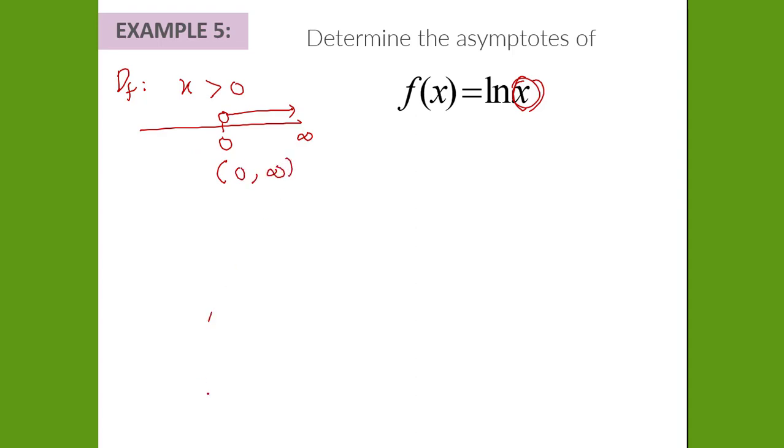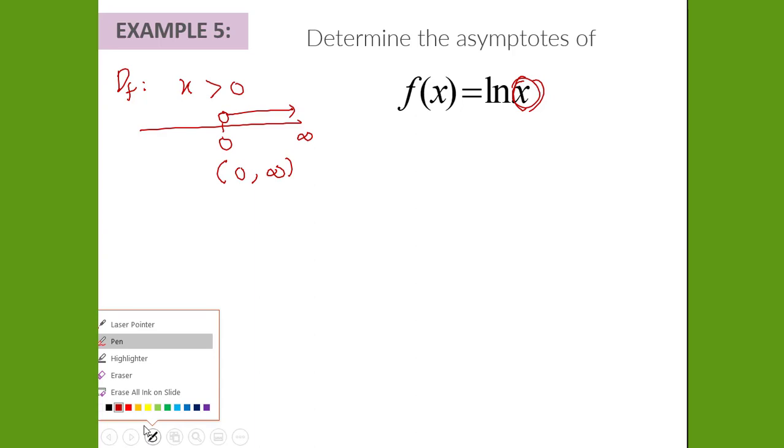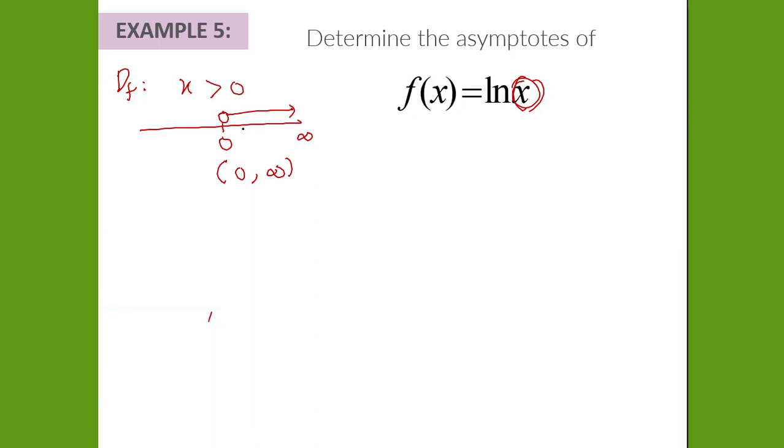Now you need to find the limit. Limit at 0 from the right may refer to a vertical asymptote, and infinity refers to a horizontal asymptote. Check whether x equals 0 is a vertical asymptote or not.